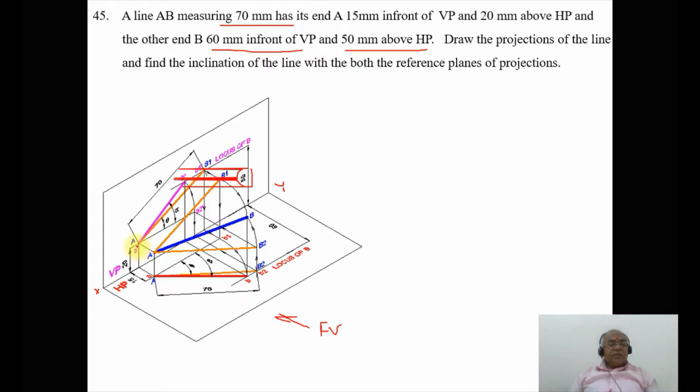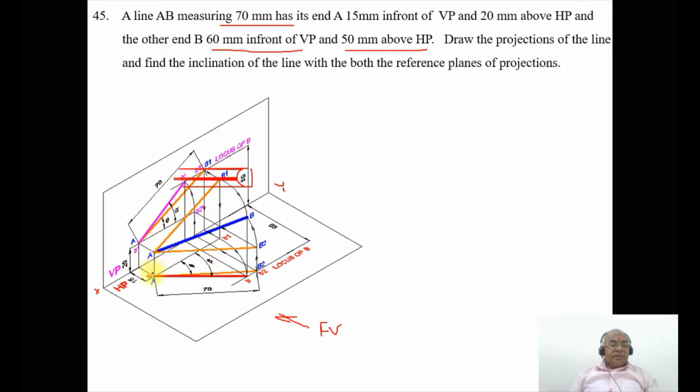With A dash as center, you get B1 dash here because the locus is known and you are given the length, so you get A dash B1 dash. Similarly, you get AB2, because that is also the true length, which is the same in both the front view and the top view. So this is the top view and this is the front view.